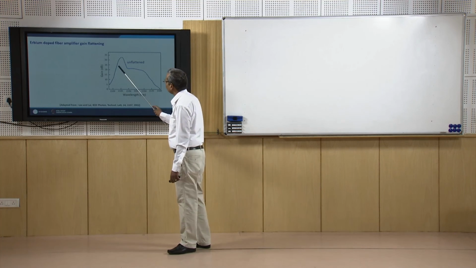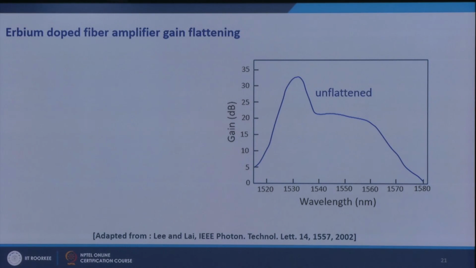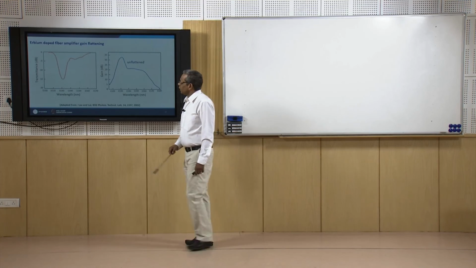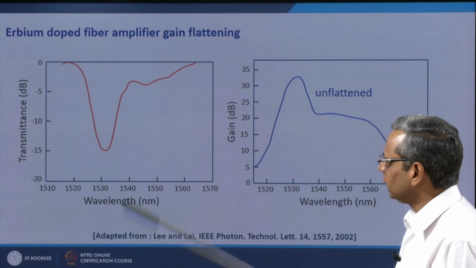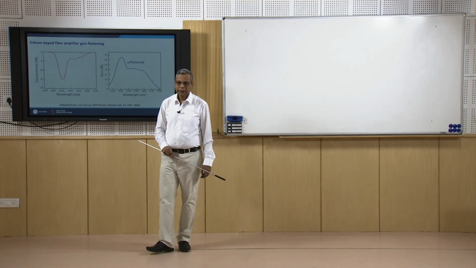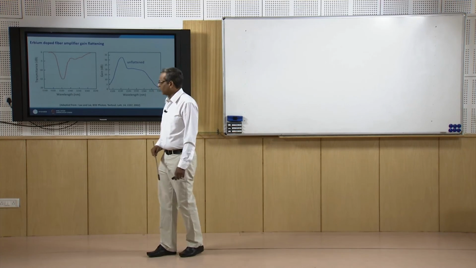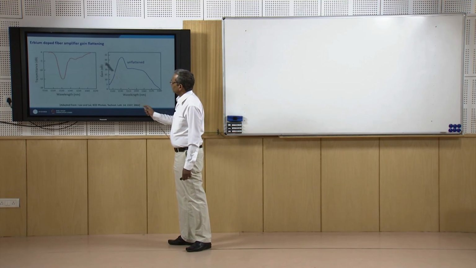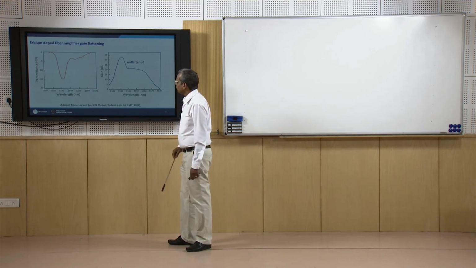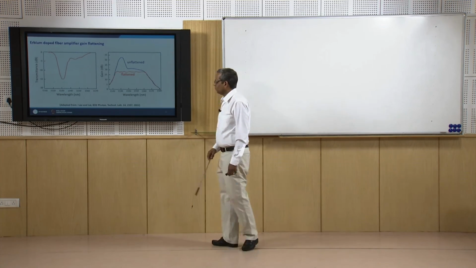So, if I want to remove this peak, then I can use long period gratings. If I design my long period grating whose rejection band is like this, when I put this grating in that amplifying fiber, then this would be rejected according to this filter and I can obtain the flattened gain.